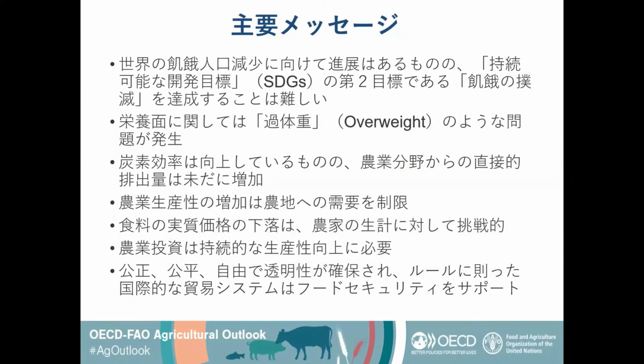To summarize all what we have said, and especially also what Holger presented on production and consumption: first of all, we see some progress in reducing hunger, but by no means are we getting closer to actually reaching SDG 2 to eliminate hunger. And also other nutritional problems, and I think there is rising, increasing overweight.